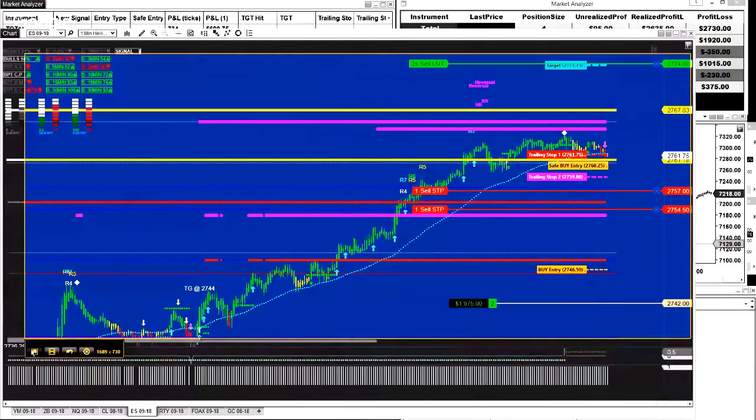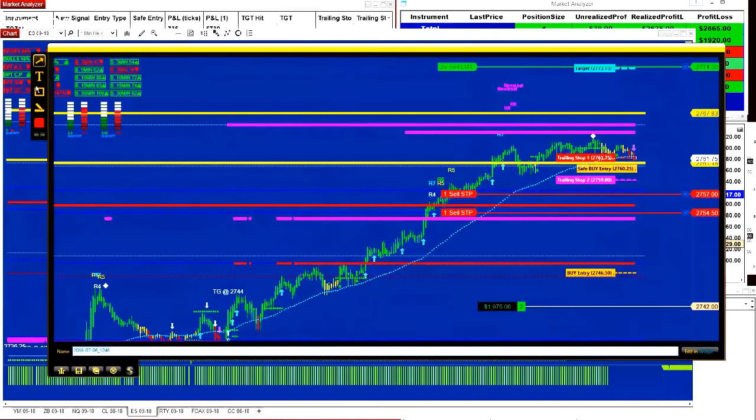Let me show you something which will prove my story that today this market is not going to be able to penetrate this area, and it did not. But if we look at this line here, this is a free education, and it's nice to know how things work in this business.